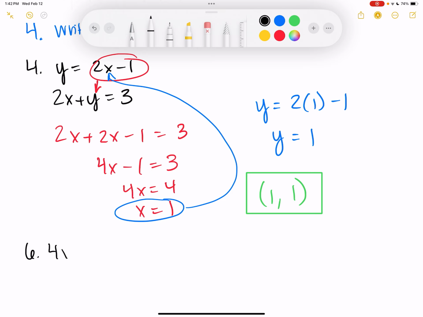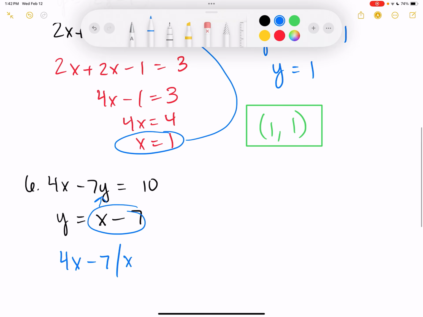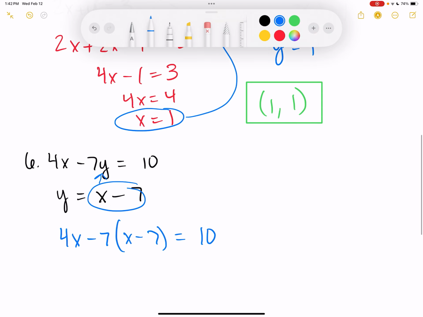Number 6: 4x minus 7y equals 10, and y equals x minus 7. Again, they've already gotten one of the variables by itself for us. So I take this x minus 7 and plug it in for y here. This one's a little different because I've got 4x minus 7 times (x minus 7) equals 10.